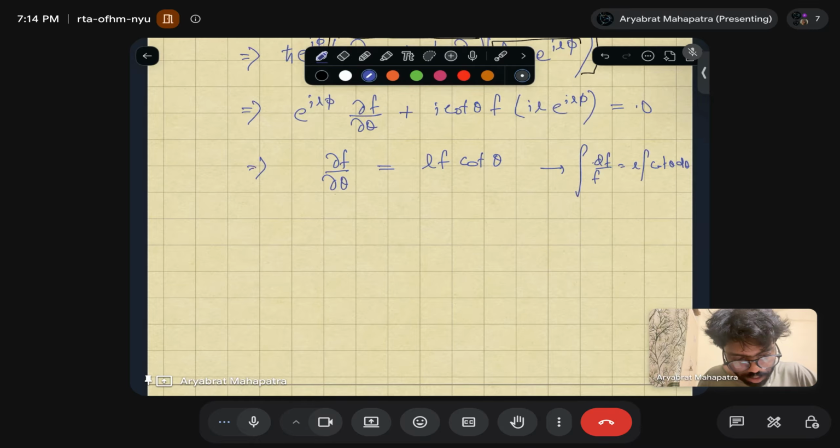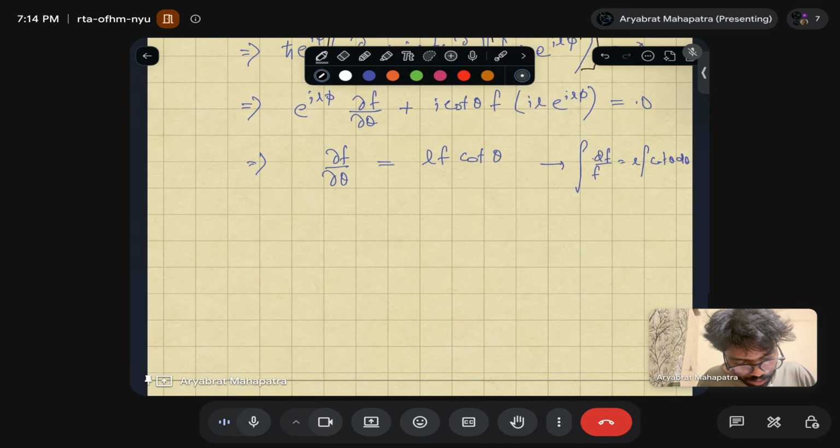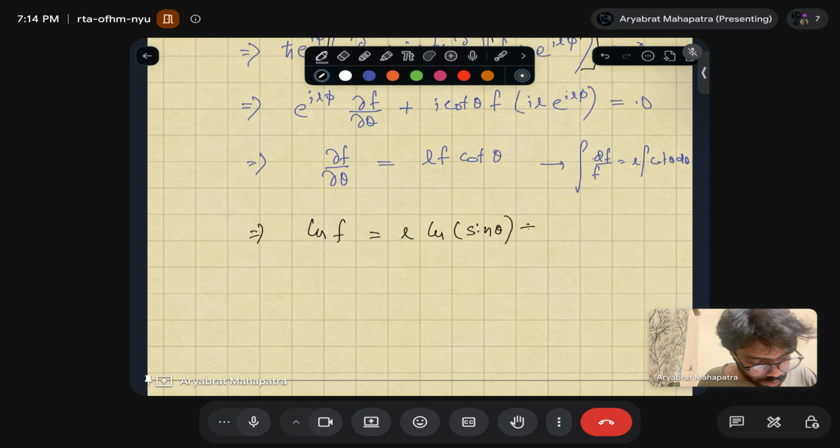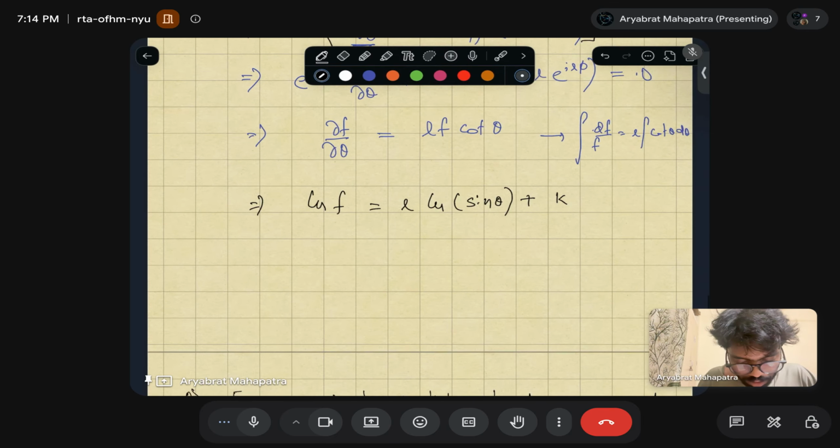So here you will have ln f. If you solve this differential equation, you will get l times ln sin θ, because if you integrate cot θ, that is what you get, with some constant, let's say that constant is k.